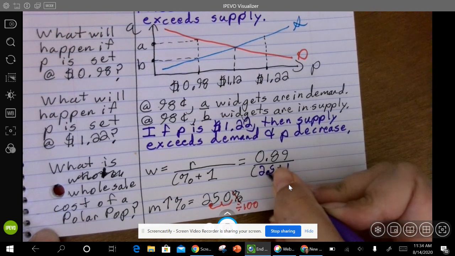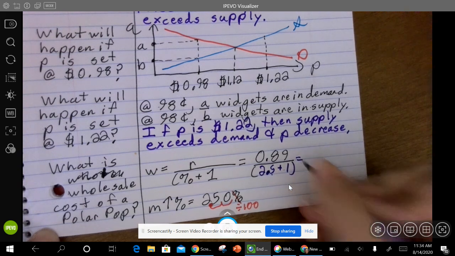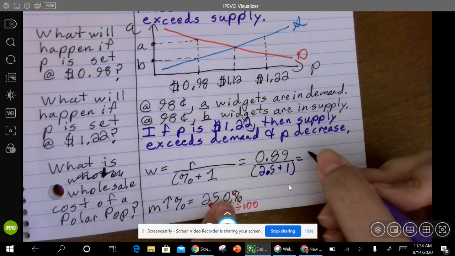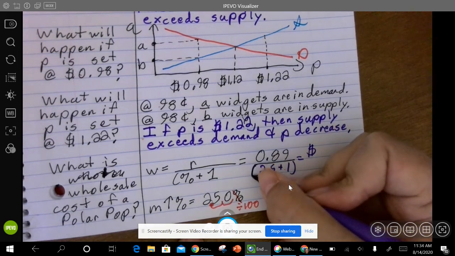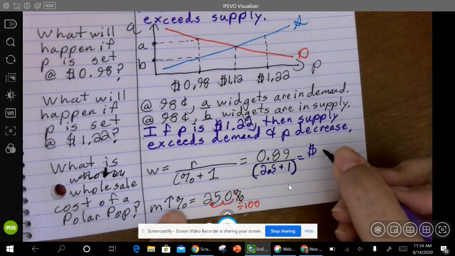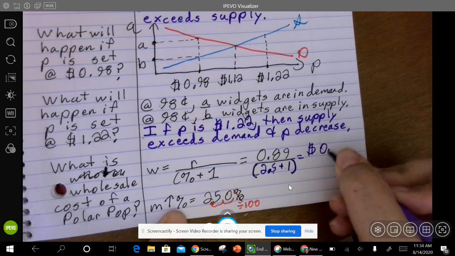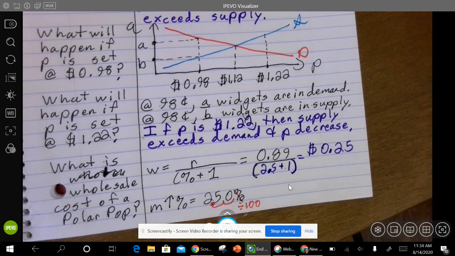Plus 1, so 2.5 plus 1, okay? So remember, everybody, in your calculator, put parentheses around it, and I got this wholesale cost is 25 cents.